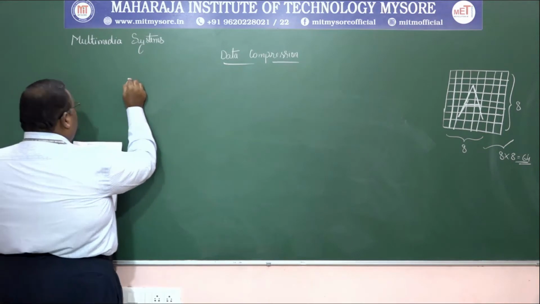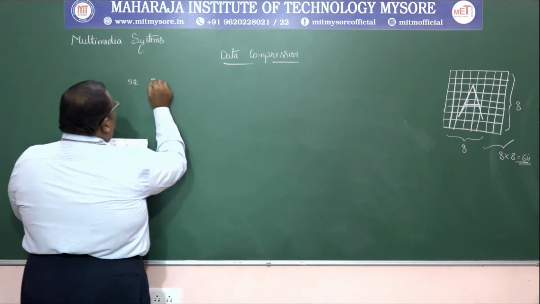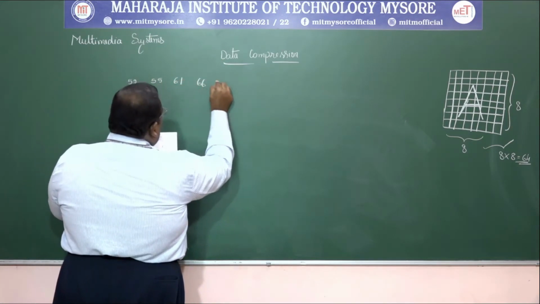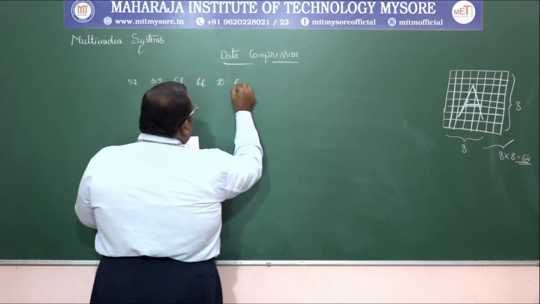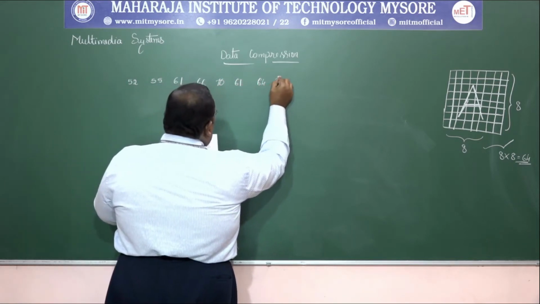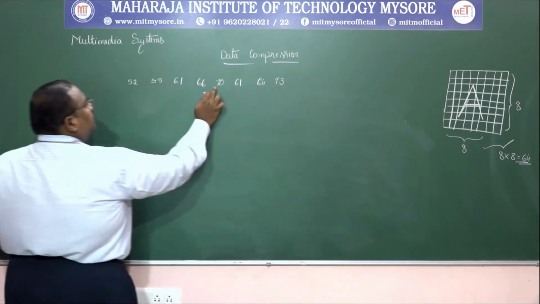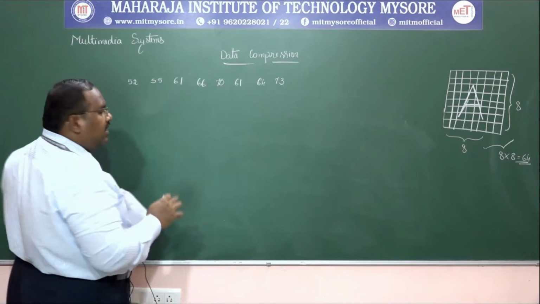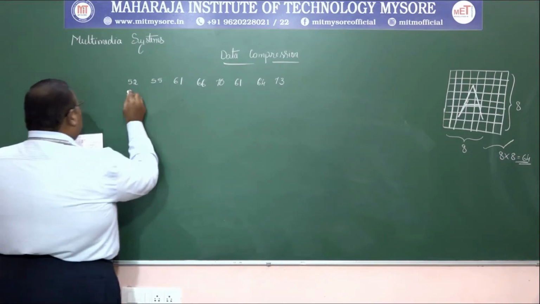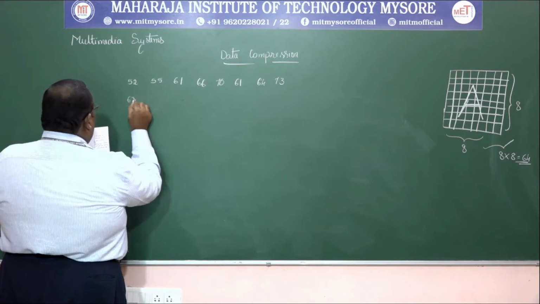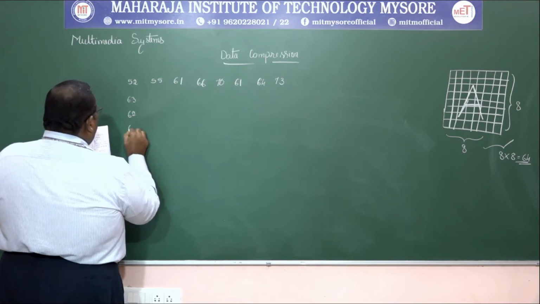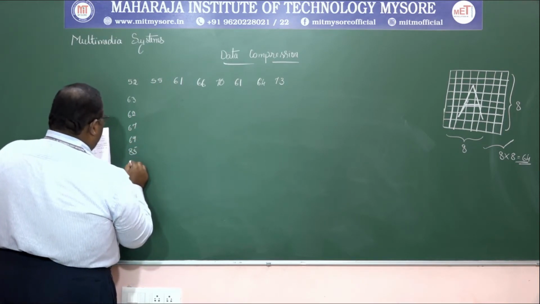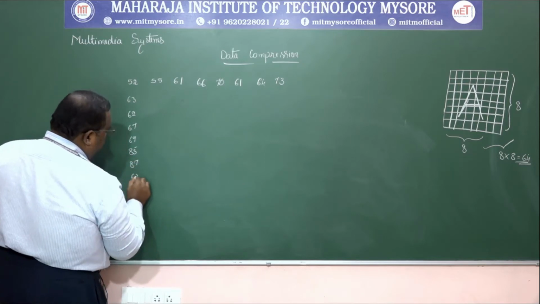I'll start from here. So 52, 55, 61, 66, 70, 61, 64 and 73. 1, 2, 3, 4, 5, 6, 7, 8. So we have 8 columns. In a similar way, we are supposed to have 8 rows. So here it goes like this: 63, 62, 67, 69, 85, 87, 63.